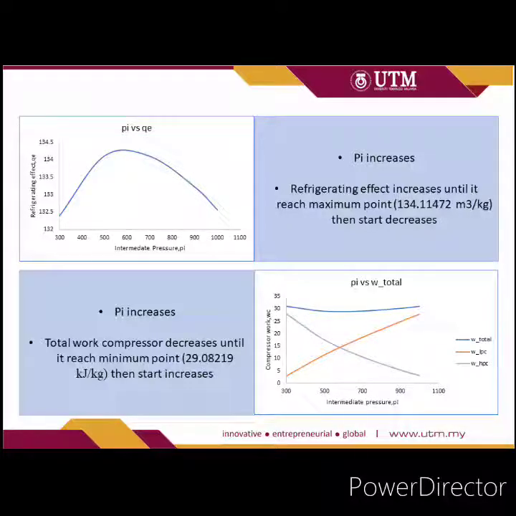We move to the second graph, which is intermediate pressure versus total work compressor. As we increase the intermediate pressure from 300 to 1000 kilopascal, total work compressor decreases until it reaches the minimum point, which is 29.08219 kilojoule per kg, then starts increasing.